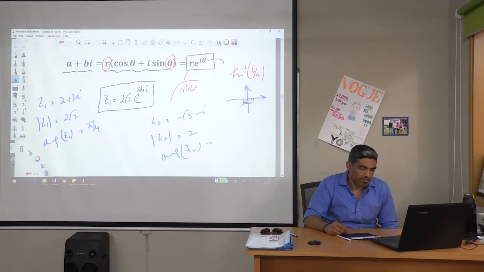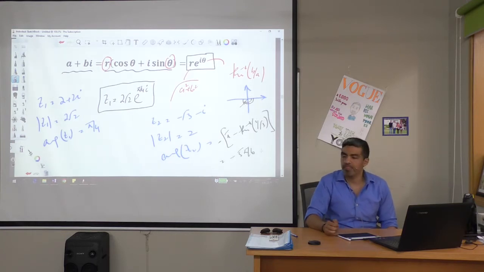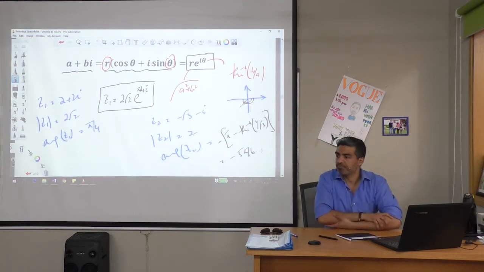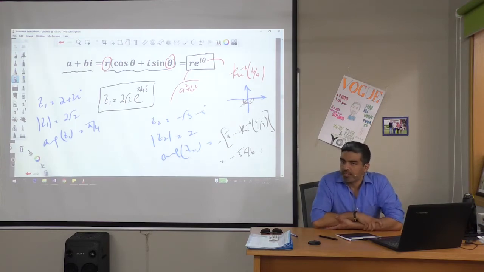And then you do pi minus. So it's basically pi minus tan inverse 1 by root 3. And whatever answer you get, you know it's a negative angle, so you put a minus sign. So I guess minus 5 pi by 6 is what we should be getting.